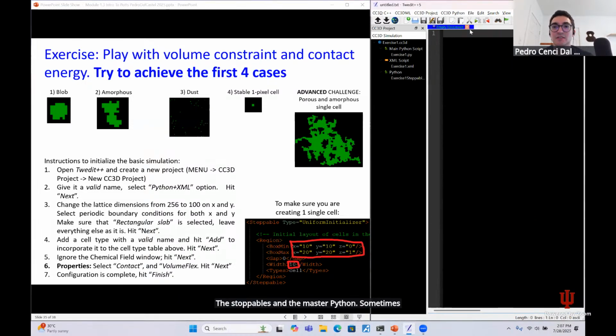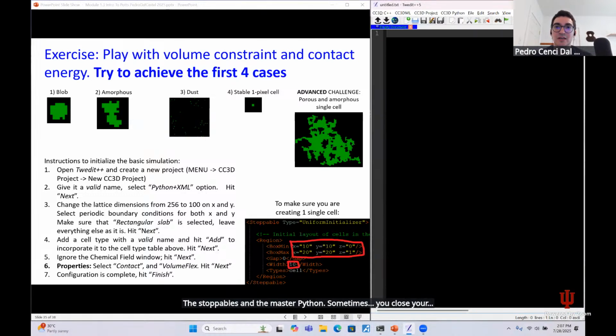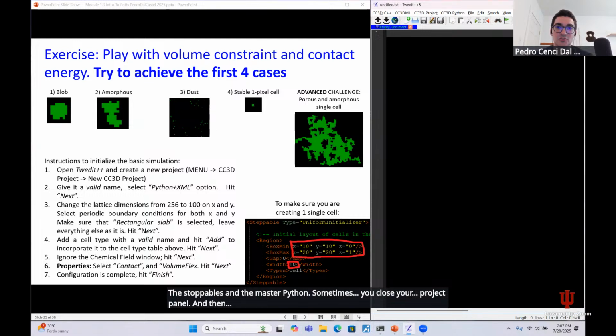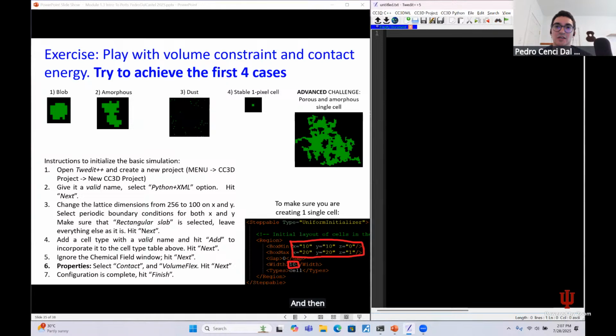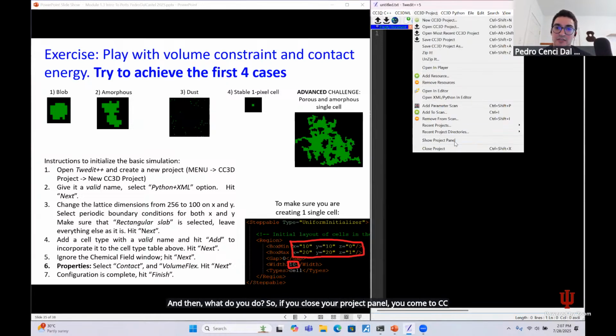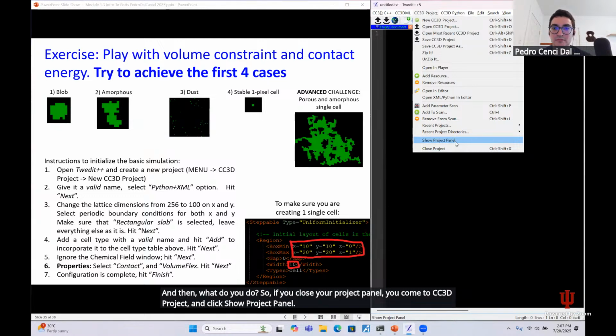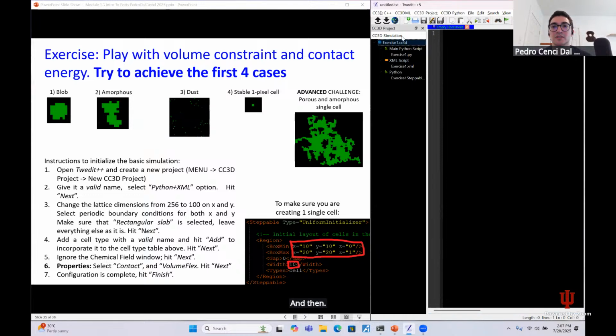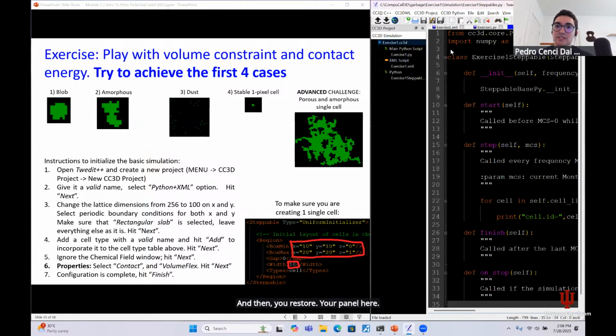Sometimes you close your project panel, and then your editor is like this. And then what do you do? So if you close your project panel, you come to CC3D project and click show project panel. And then you restore your panel here. Now you can double click and you have your XML and steppables.